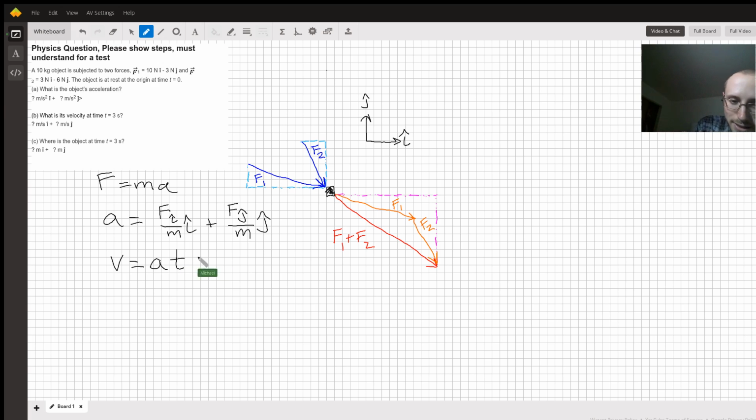And lastly, your position would just be 1/2 times the acceleration times the time squared. And again, as before, just remember that the acceleration is in this vector format rather than just a simple number as in the one-dimensional case.